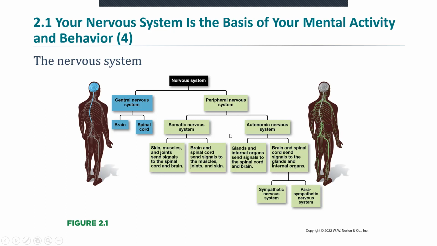The peripheral nervous system is made up of two other major systems: the somatic nervous system and the autonomic nervous system. I can't speak today. Autonomic is the word I meant to say. We will talk about each of those in Learning Objective 5, so we'll get to that later.